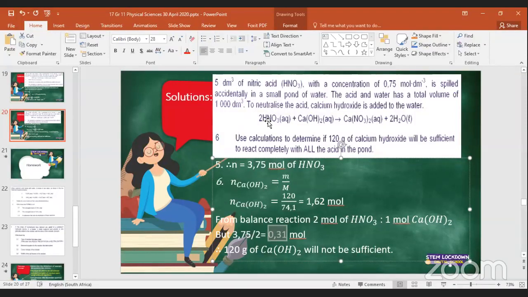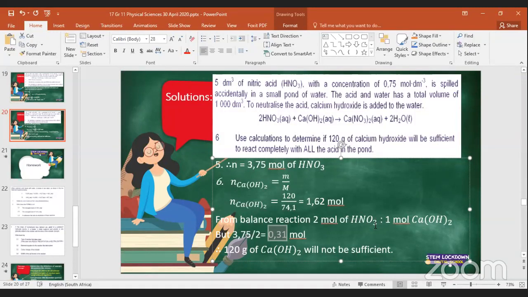We know that 2 of the acid will be reacting with 1 of the base. So it means half the number of moles of the acid will be required for the number of moles of a base, because they are in a ratio of 2:1. You need half of the acid for the number of moles of a base.